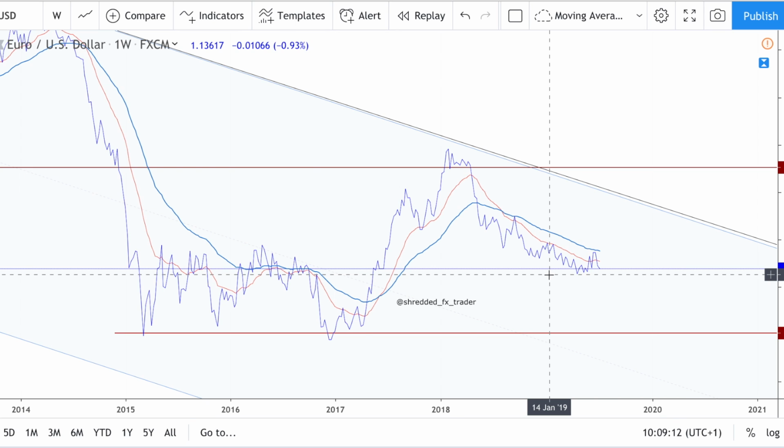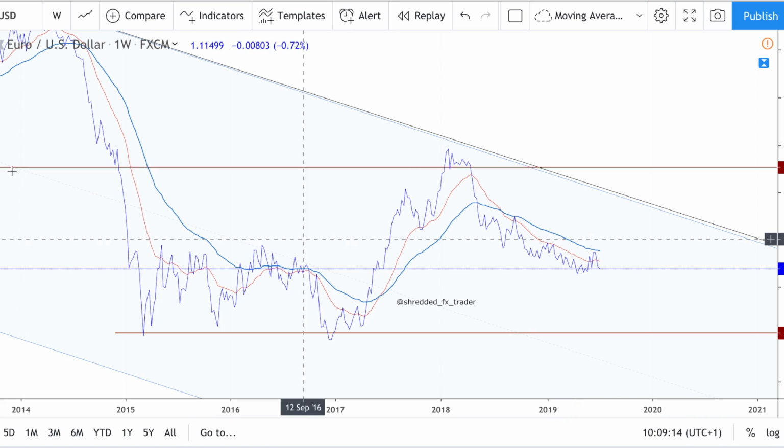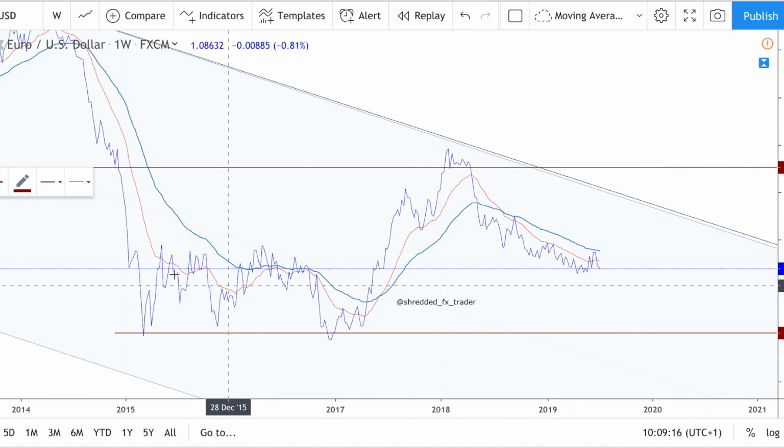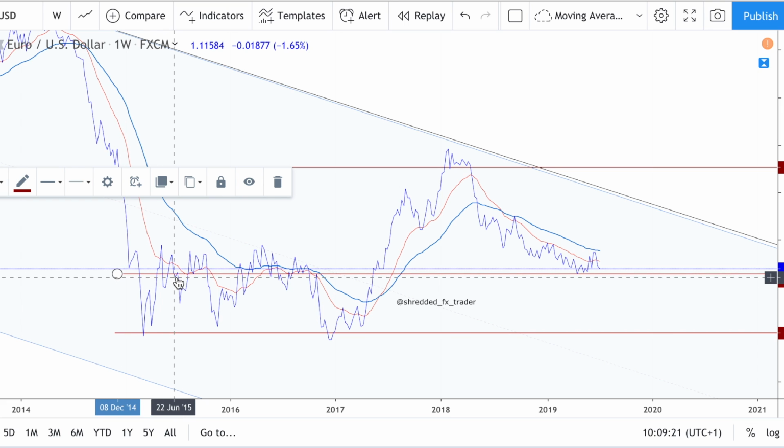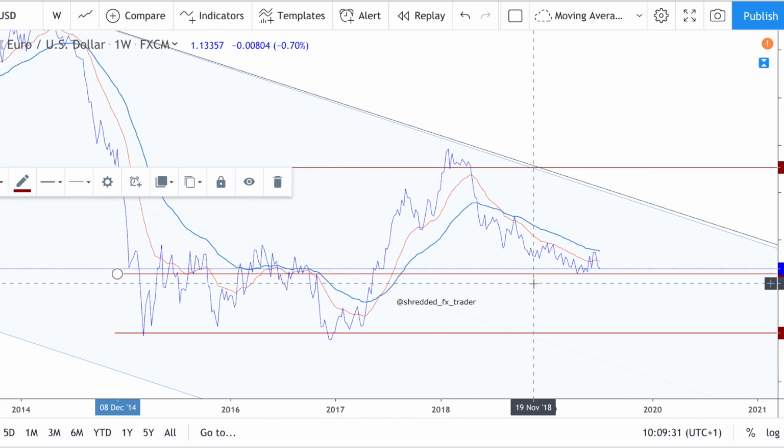If you look left, you can see that it's quite a significant level. I'm going to make this here so that you can see it initially. You can see here on the weekly we were resisted, we broke through, supported, resisted, supported. So it's a strong level.